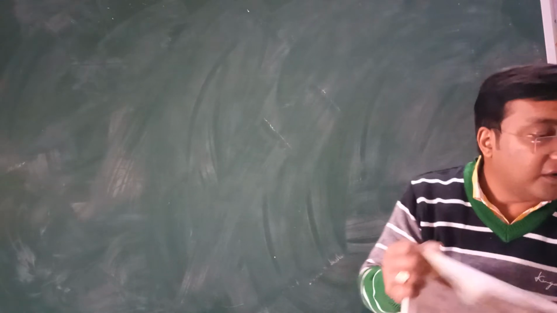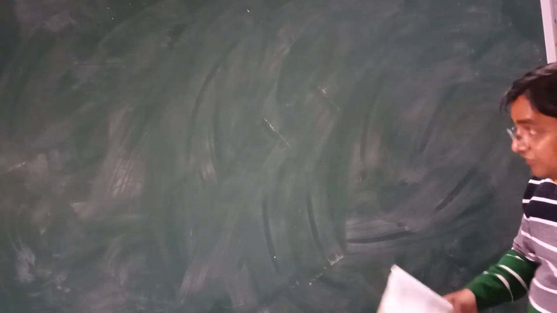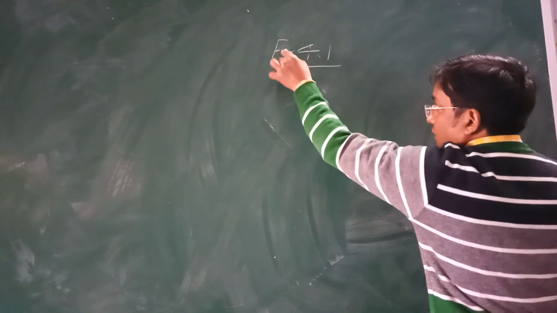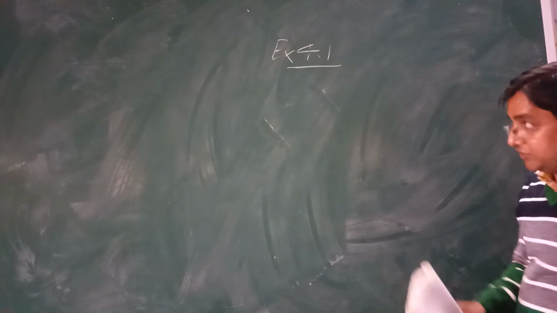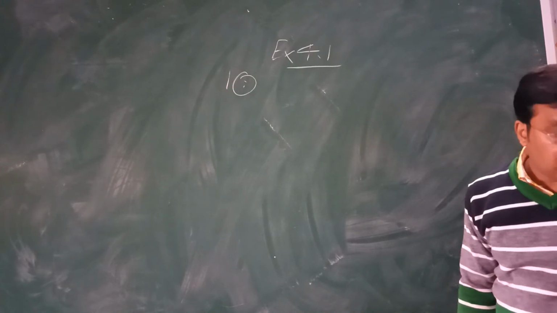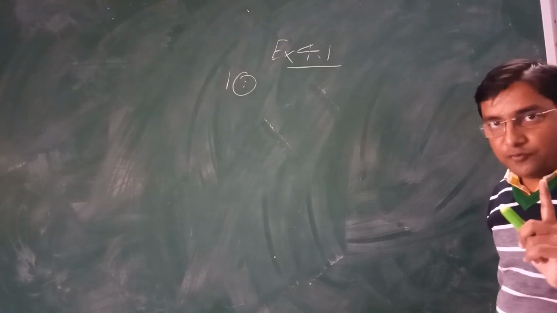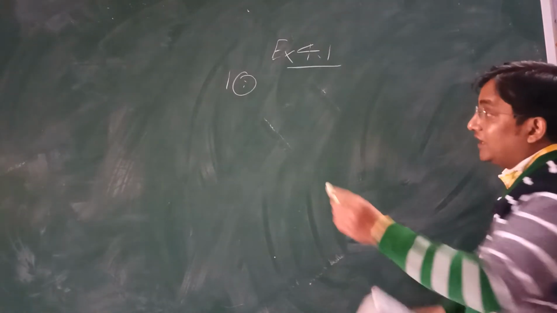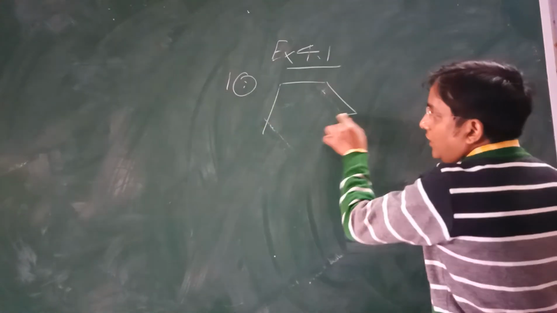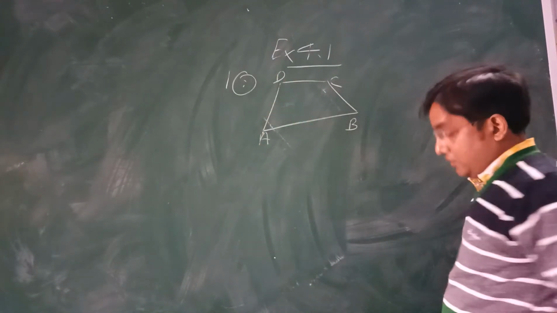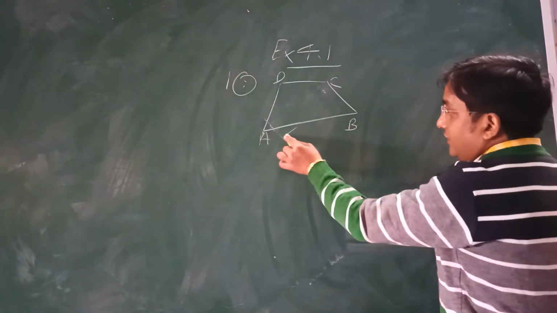Let us do question 4.1. Exercise 4.1, first question. First approach: what you have to do is draw a rough sketch. Quadrilateral ABCD. AB is 4.5 centimeter.